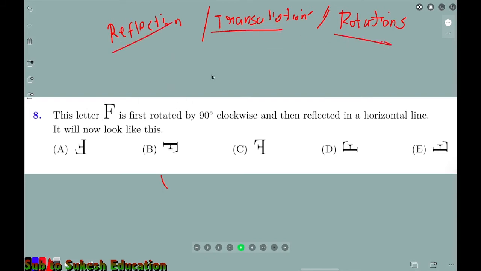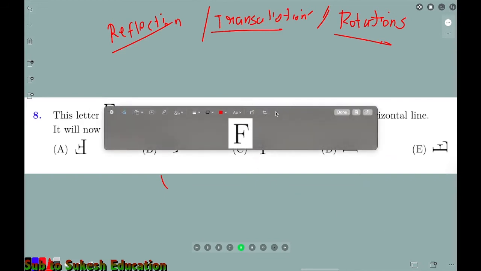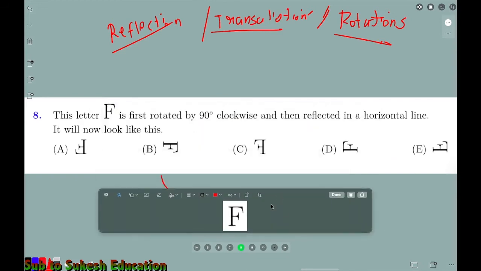So they're saying the letter F is rotated 90 degrees clockwise. Let me show you this in a quick demonstration. So let's snip this. Bring it here. Oh, didn't work. Snip it. So yeah, this is the letter F. They're telling us that it's rotated 90 degrees clockwise. So this is 90 degrees clockwise.